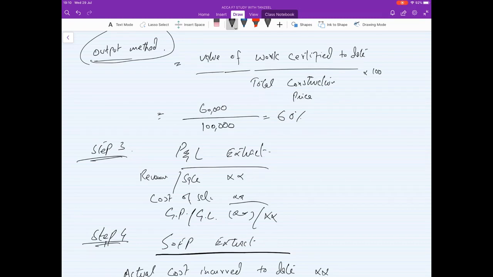After 1 year I say I have done 60% already. How can I say it? Because the construction contract was 100,000, and I said the work certified is 60,000. I can show you the work which I have done already. 60,000 worth of work has been done already. It means 60% has been done.